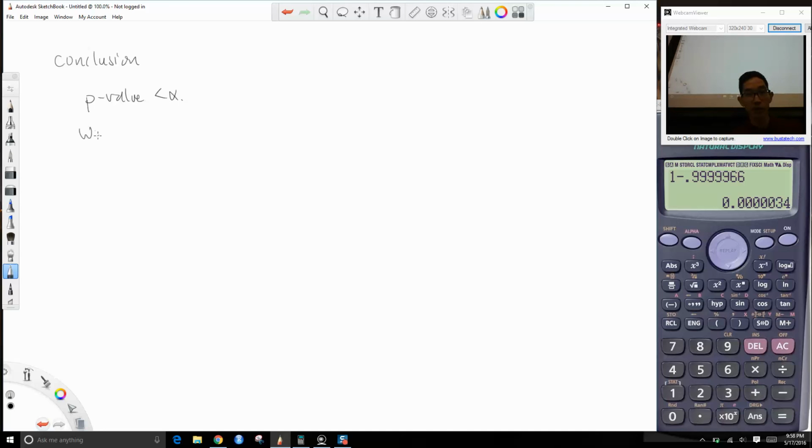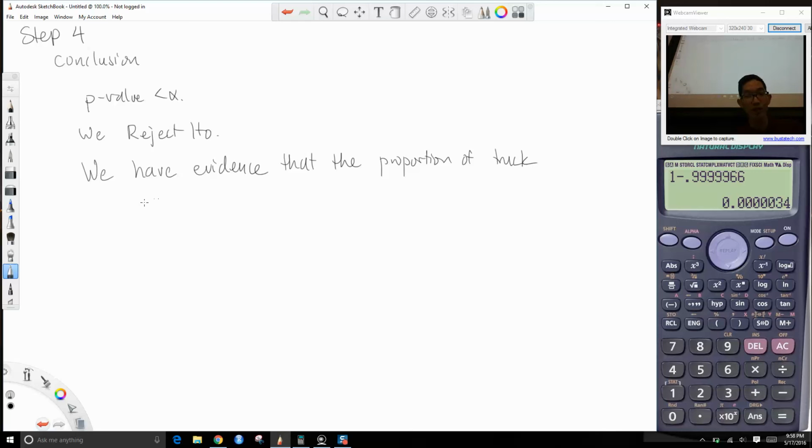So we say we reject the null hypothesis. Step 4, right? Yeah, this is step 4. Making our conclusion, okay? And we say we have evidence that the proportion of truck owners in Texas is higher than California.